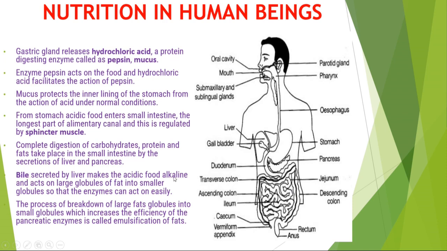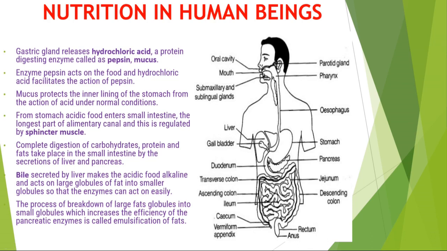Now bile secreted by the liver makes the acidic food alkaline and acts on the large globules of fat, breaking them into smaller globules so that the enzymes can act easily.